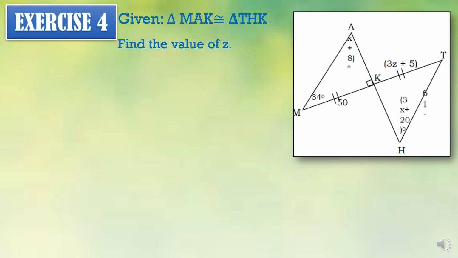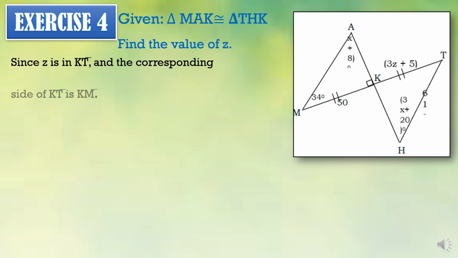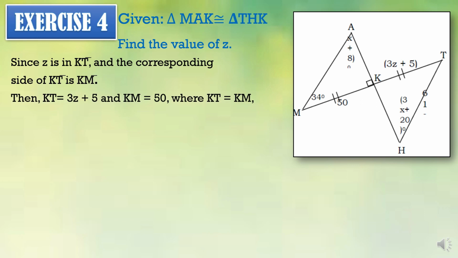Find the value of Z. Since Z is in line segment KT, and the corresponding side of line segment KT is line segment KM, then KT is equal to 3Z plus 5, and KM equals 50, where line segment KT is equal to line segment KM. Therefore, 3Z plus 5 equals 50.